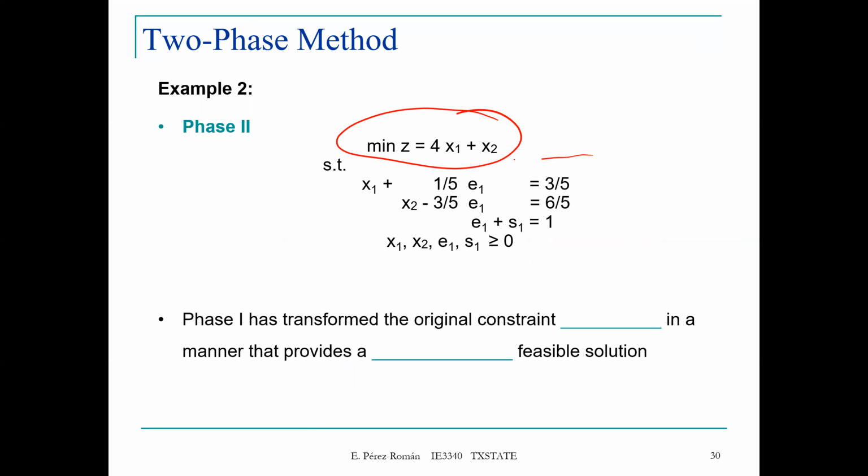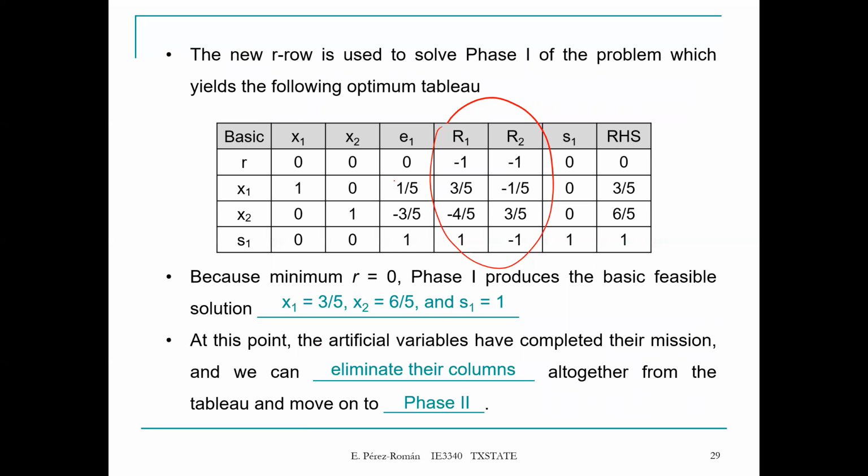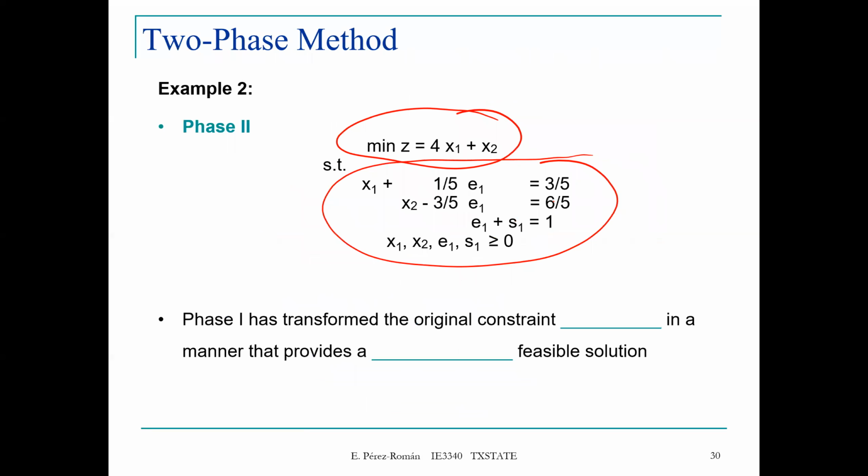These coefficients are based on the coefficients here of the solution of phase 1. So those are the coefficients that we are observing in this part of the constraints now. Phase 1 has transformed the original constraint equations in a manner that provides a starting basic feasible solution.